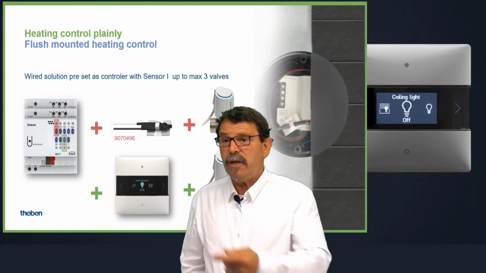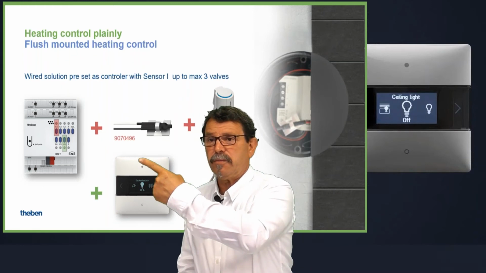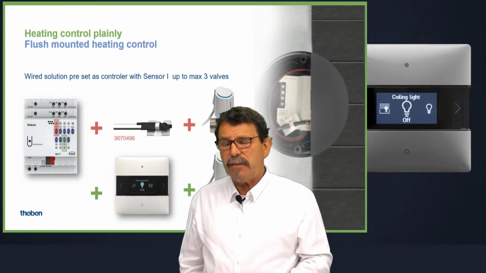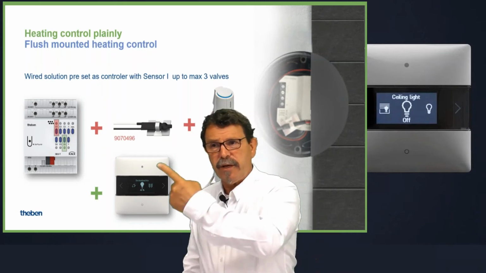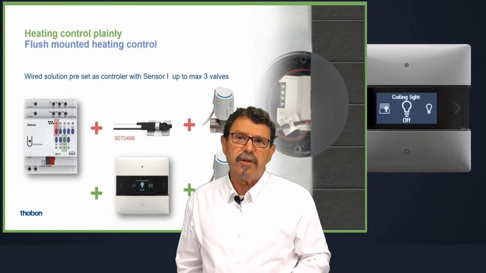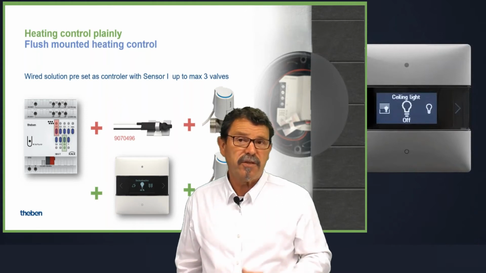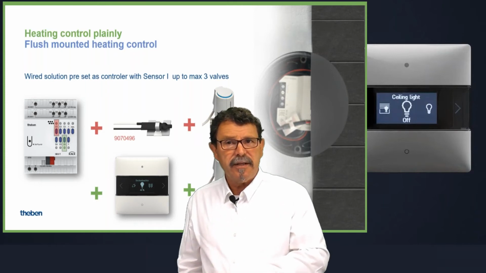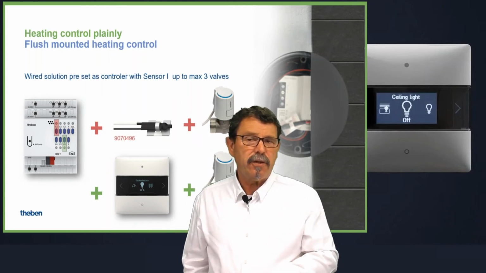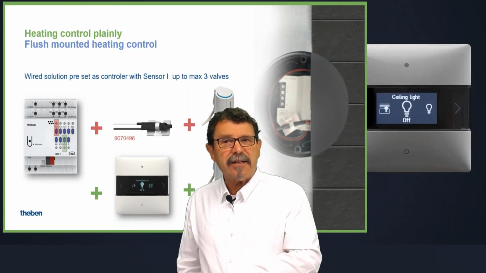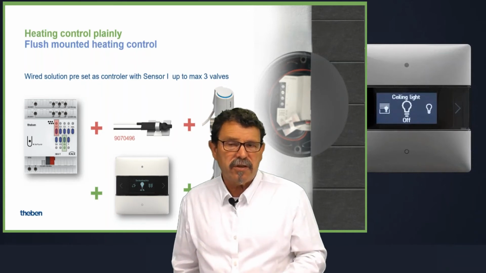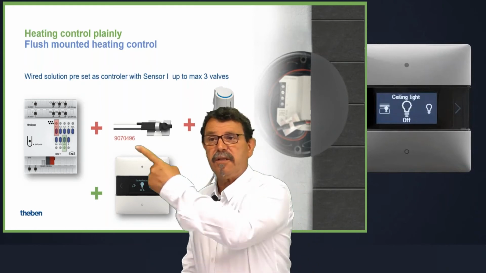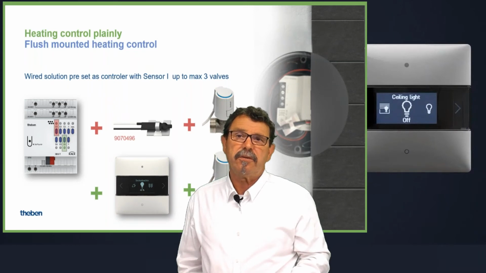Or you can send just the room temperature, which is measured here somewhere in the upper flap, and the actuator does the control on his own. Our heating actuator can be either a heating actuator or a heating controller, and if he acts as a heating controller, he needs just the temperature. You take the temperature here, send it to the actuator, and the actuator is doing the controlling on his own.